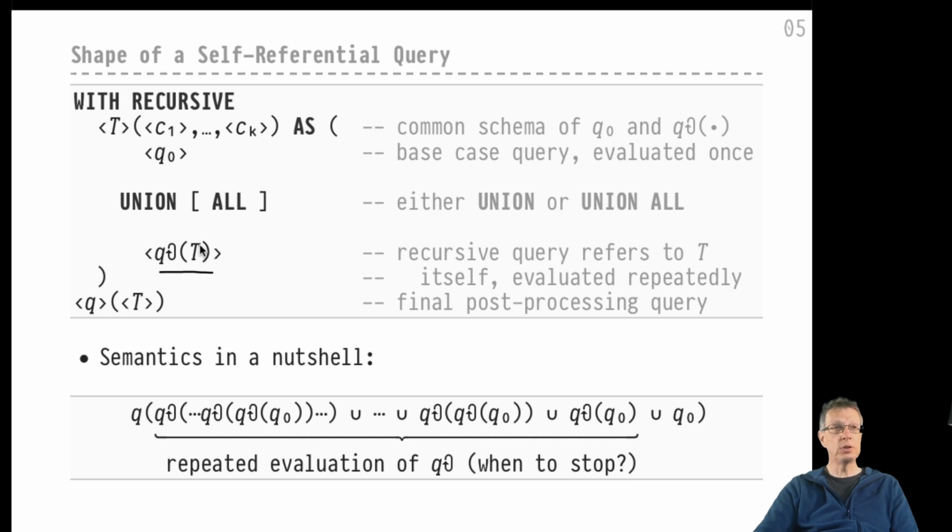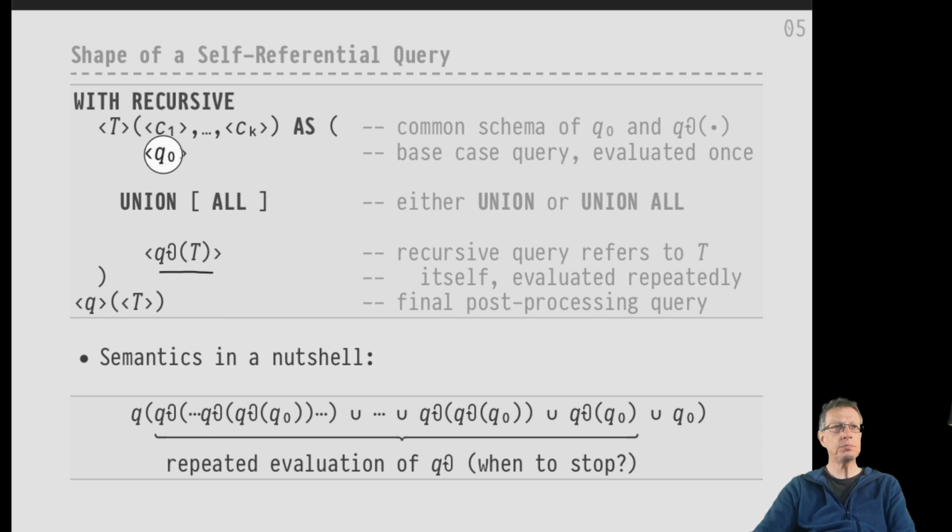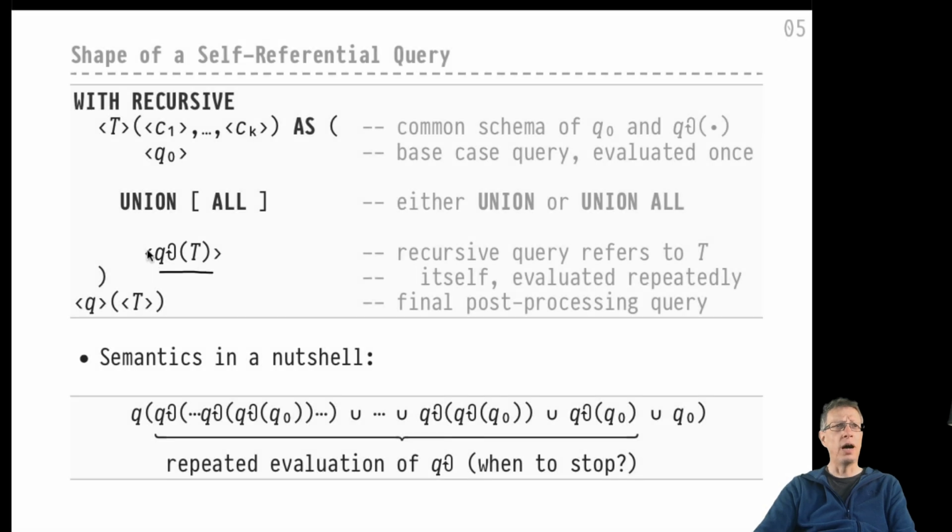And this recursive part of the query is evaluated iteratively or many times. So this part, the Q0 part, is evaluated once. This part is evaluated many times. And all the rows that are being produced here, we will make this more concrete in a minute, are added to the overall result table T.